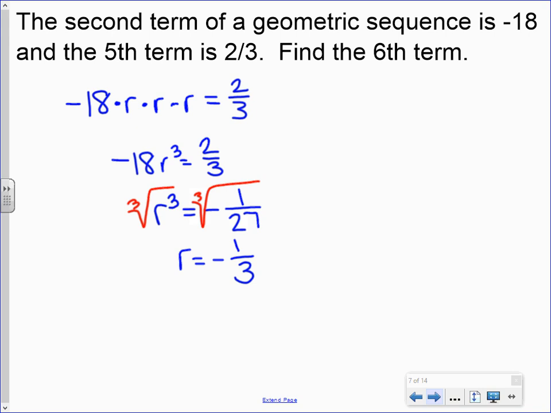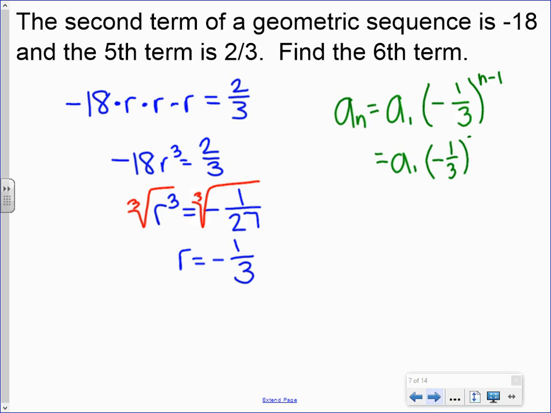Our nth term is our first term times negative 1/3 to the n minus 1. Now we have to figure out what our first term is. Now this one might be a little easier because we have the second term, but I'm going to show you in general what you would need to do. If we were to plug in 2 to our equation, we would get negative 18.